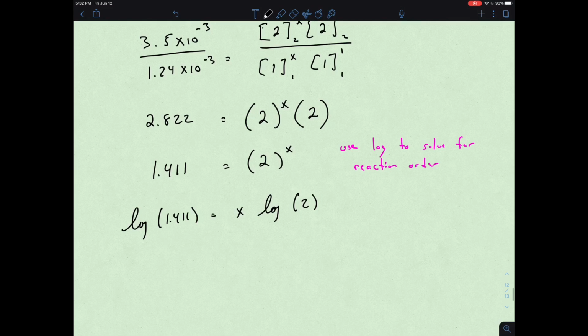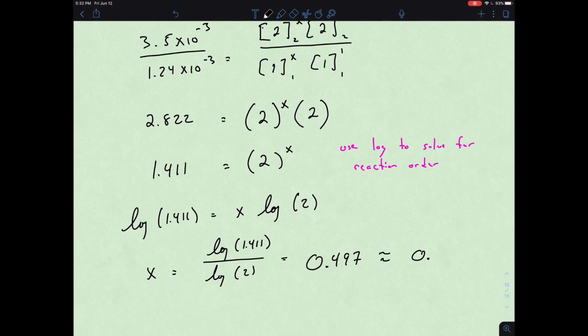And so if we solve for that, right, our X is going to be equal to the log of 1.411 over the log of 2, and we get a value of 0.497, which is really right on the money with 0.5.